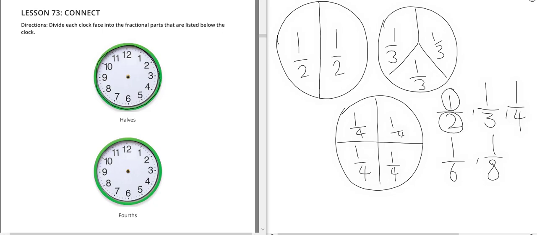A unit fraction is a fraction that its numerator is 1 and its denominator is more than 1. Third, its numerator is 1 and its denominator is 3, more than 1. So it's called unit fraction.